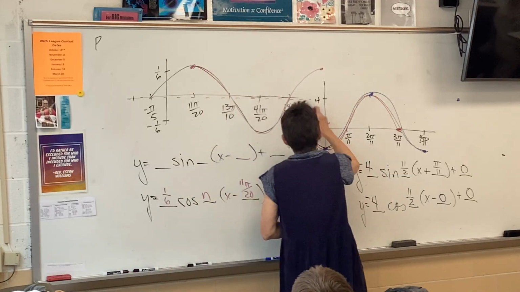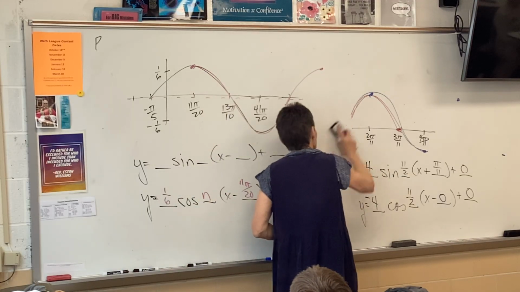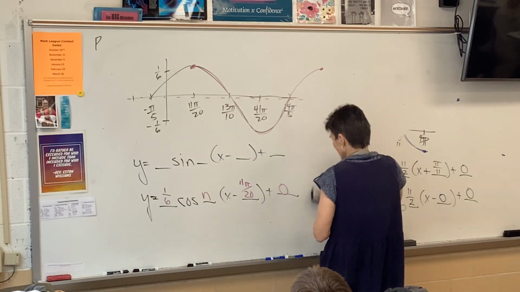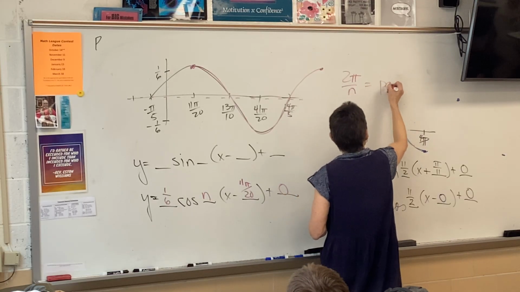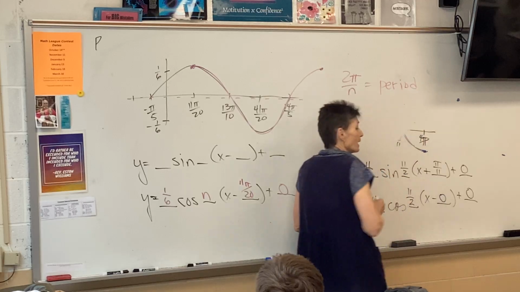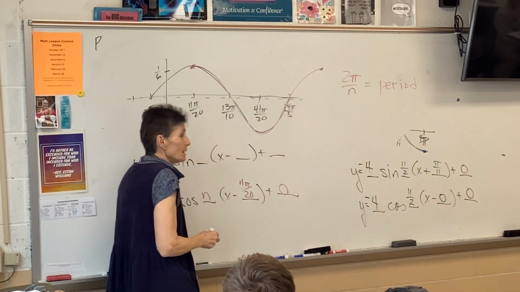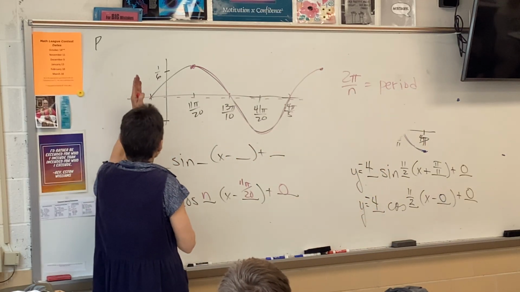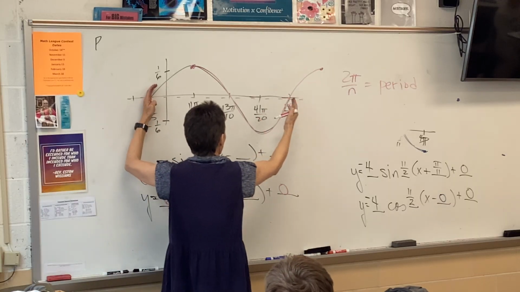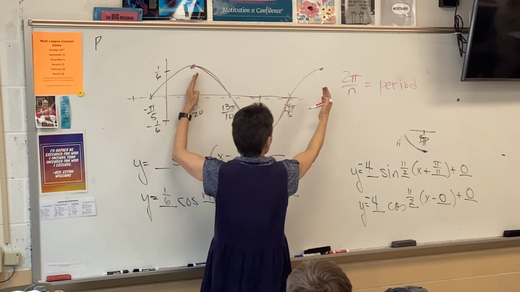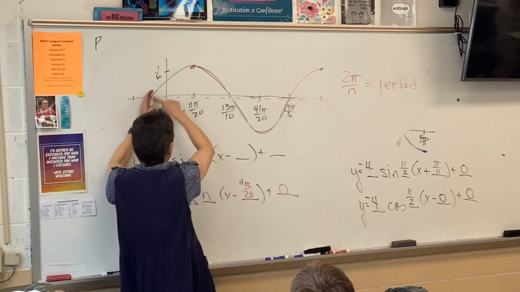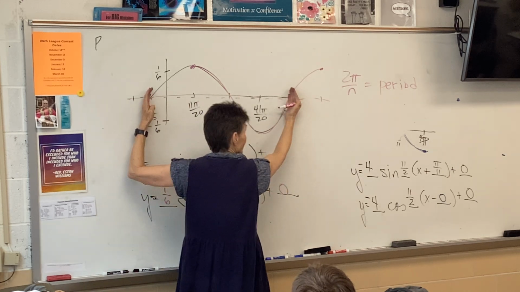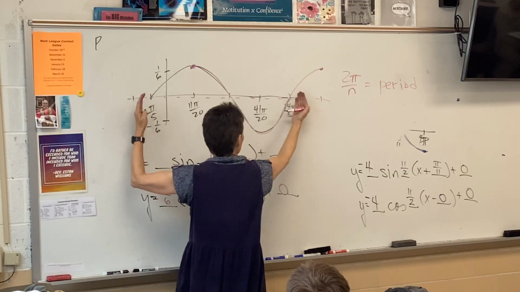I remember that 2 pi divided by that number, I'll call it n, 2 pi divided by that number gives me my period every time. Period is beginning to end. Now, I'm not doing my cosine because I don't know what this end point is and I want to figure it out. Is this one hill and one valley right here? So I can get a period right there.